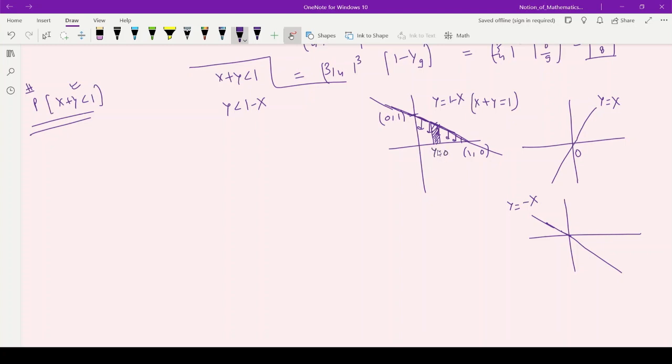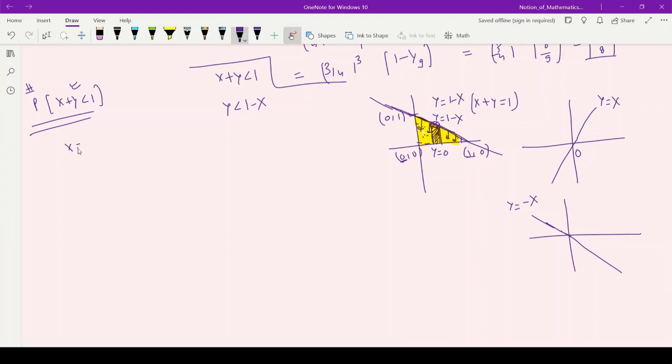Here y will be 0 on the x-axis, and at this point y is equal to 1 minus x, and if I take this strip from x equal to 0 to x equal to 1, this whole region will be covered, so I can highlight this region here.